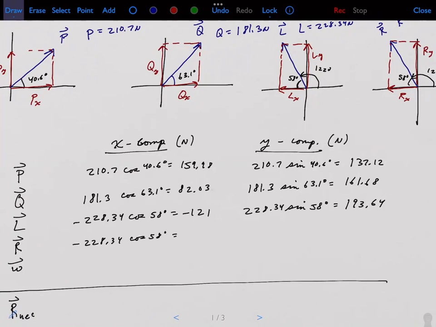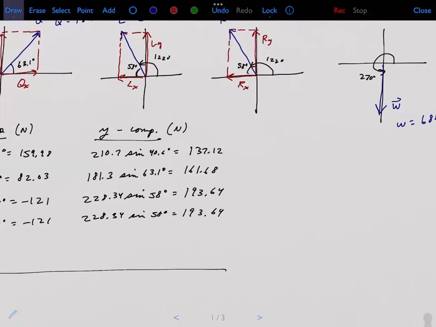The forces that are exerted on the left and right hands are exactly the same in this case. So negative 121, and this will be 193.64. And then finally, W, remember, if you look at W, it's pointing straight down.